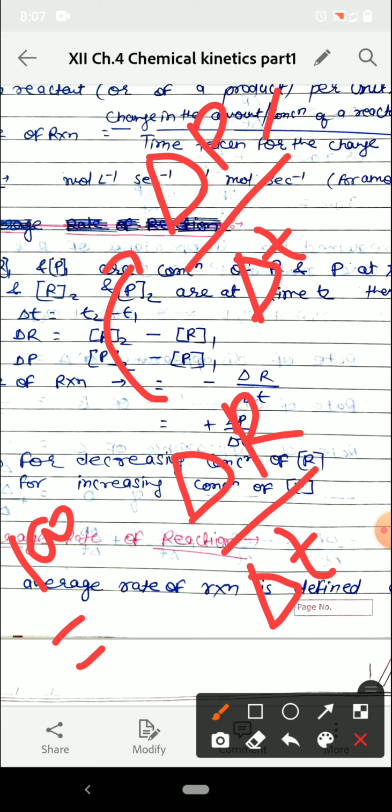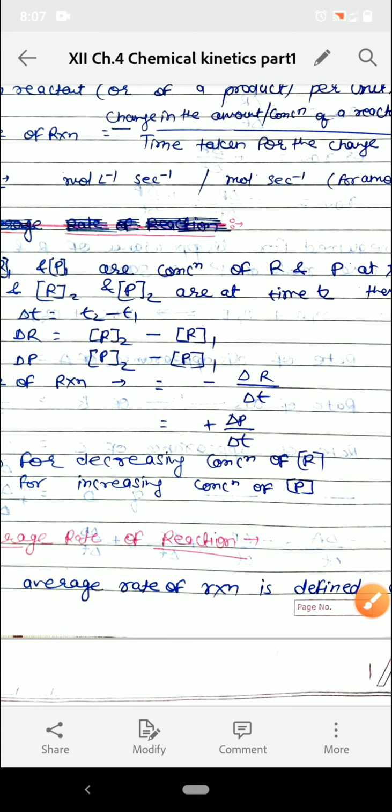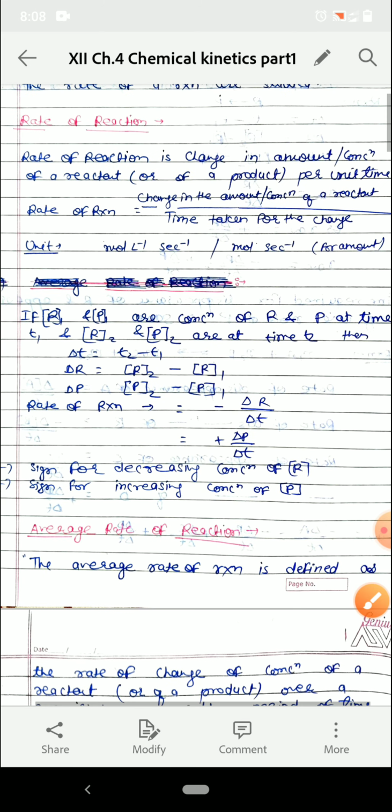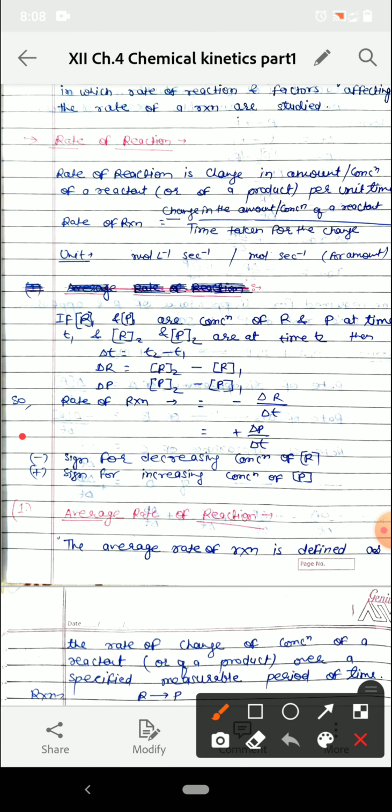So the negative sign is used for the change in concentration of reactant, and the positive sign is used for the change in concentration of product, meaning the product's concentration is increasing and the reactant's is decreasing. So why were negative and positive signs used? I think it is clear now, and I have already mentioned it here: negative sign for decreasing concentration of R, positive sign for increasing concentration of P.